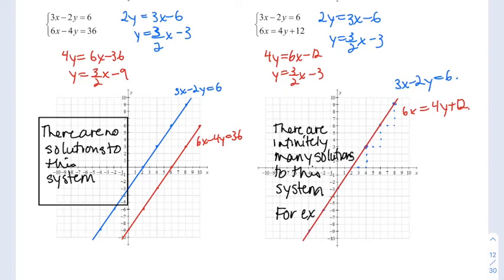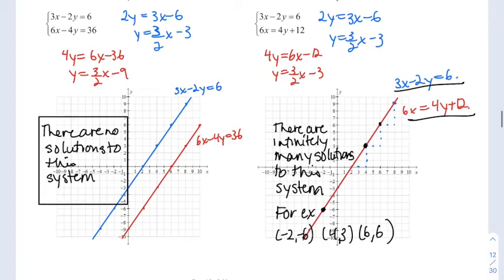They just have to be x, y values that are on these lines. So for example, I can pick this one here: -2, -6. Another point is this one, 4, 3. And I can pick this one as well, 6, 6. Okay, so here are my solutions.